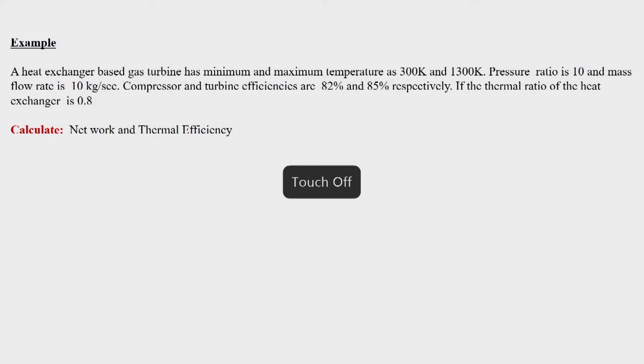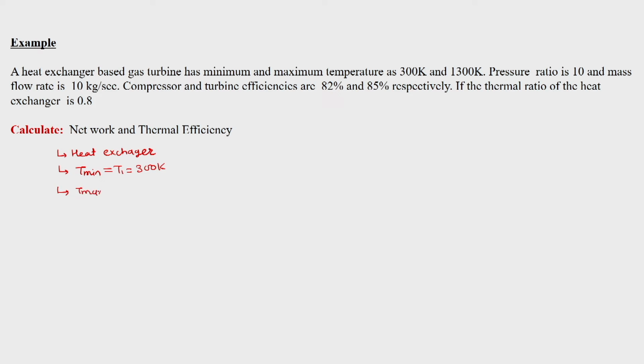For the next example, it is told that there is a heat exchanger based gas turbine power plant, and it has minimum and maximum temperature as 300 Kelvin and 1300 Kelvin. So, what is given to us is that there is a heat exchanger, and T min, which for us is T1, is equal to 300 Kelvin. We know that T max, which is T3, is equal to 1300 Kelvin.